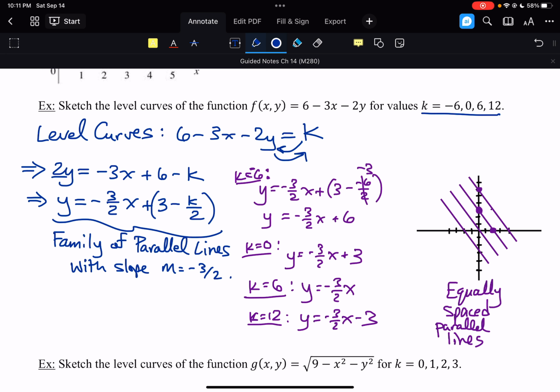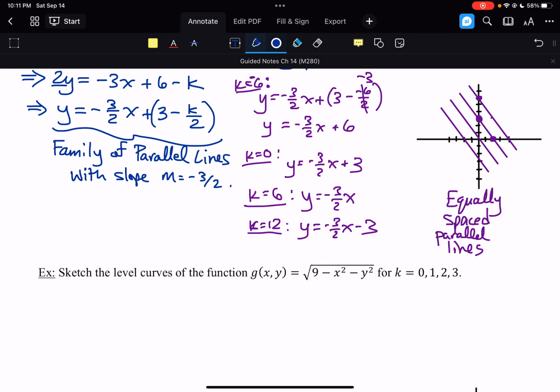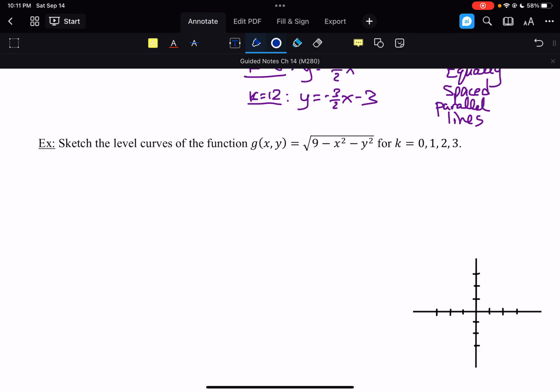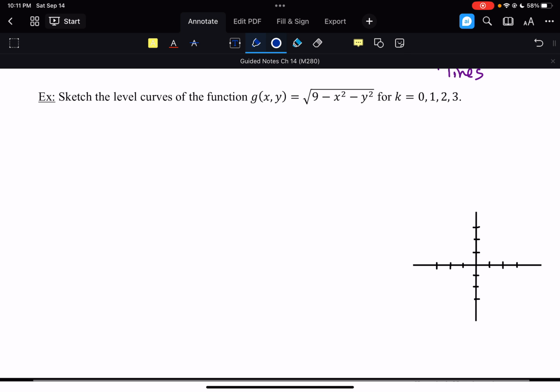So let's take a look at something a little different. We're sticking with the functions that we started with today. We have the square root function. We found that this was a sphere earlier, right? So if we take this, set it equal to k, for k equals 0, 1, 2, and 3.